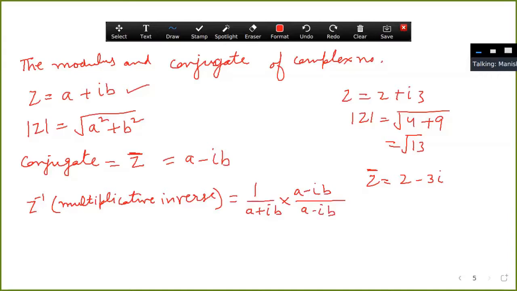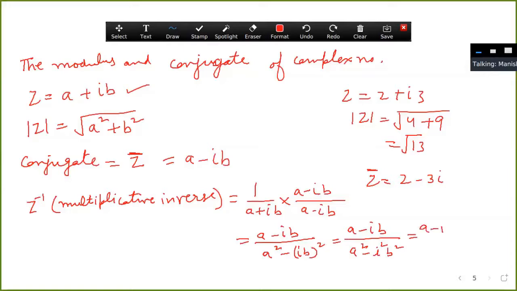When you simplify, you get a minus iota b upon a plus iota b times a minus iota b, which comes out as a square minus iota square b square. Now what is the value of iota square? That is minus 1. So a minus iota b upon a square plus b square will be the multiplicative inverse.